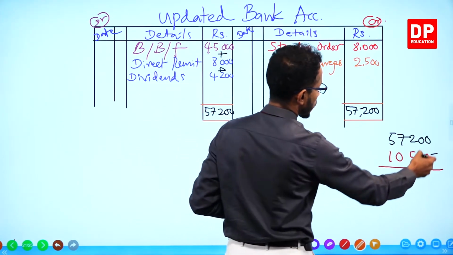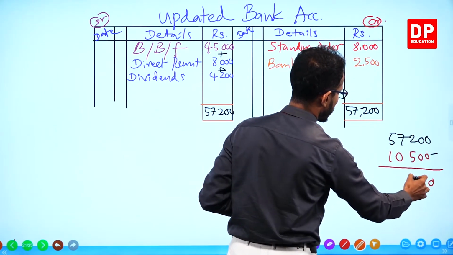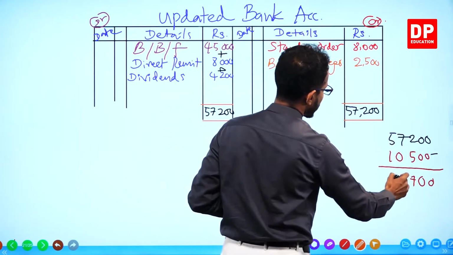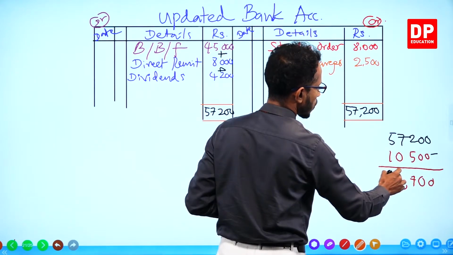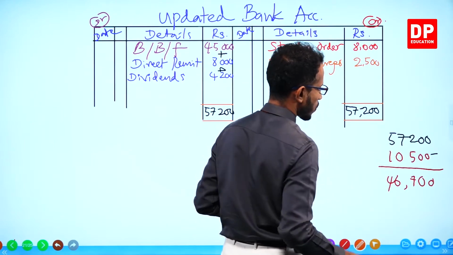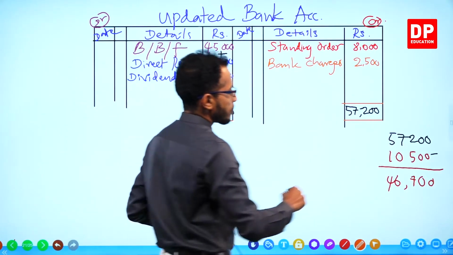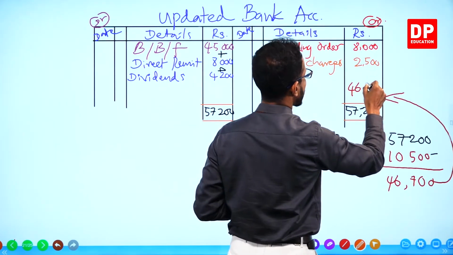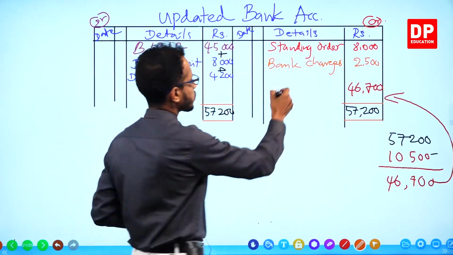Take the answer. 46,700. That is the balance. Balance carried down.